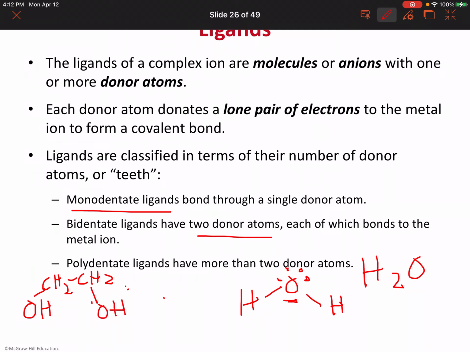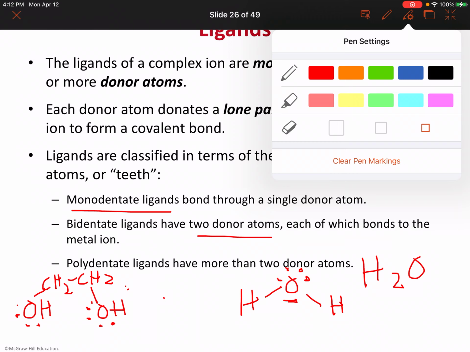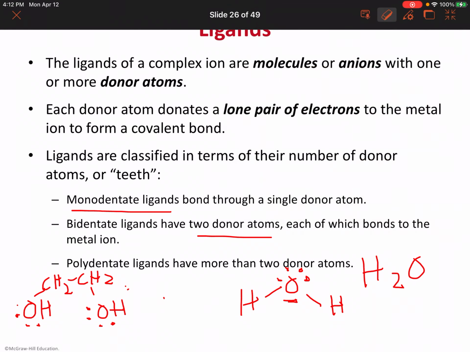So this can act as a ligand, but now it has 2 sites where it can bind. So we call it a bidentate ligand. Okay, that's a bidentate ligand. Polydentate ligands have more than 2 donor atoms. You can have more than 2. Okay.